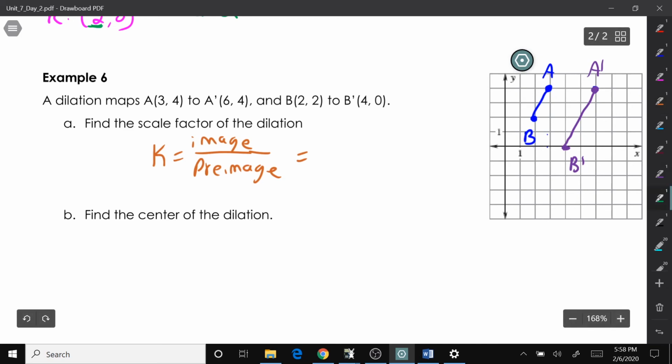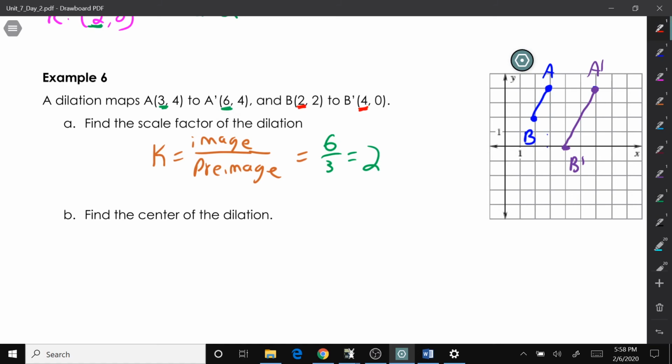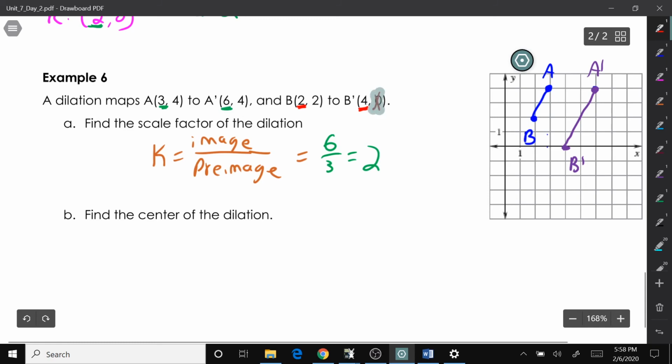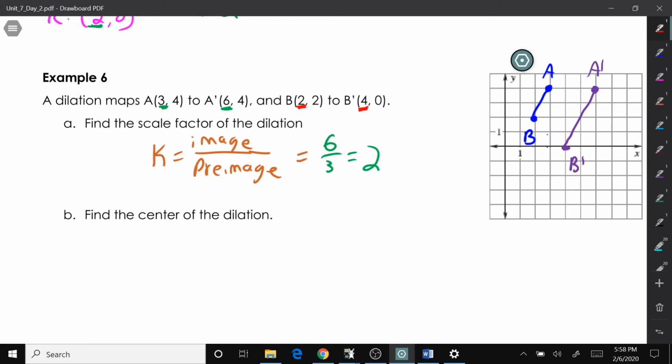So we can take 6 over 3, and we get 2. And that would work for any of them. We could do 4 over 2, which is 2. The only ones we could not use are the 0, that wouldn't work, and 4 over 4 would not work as well.